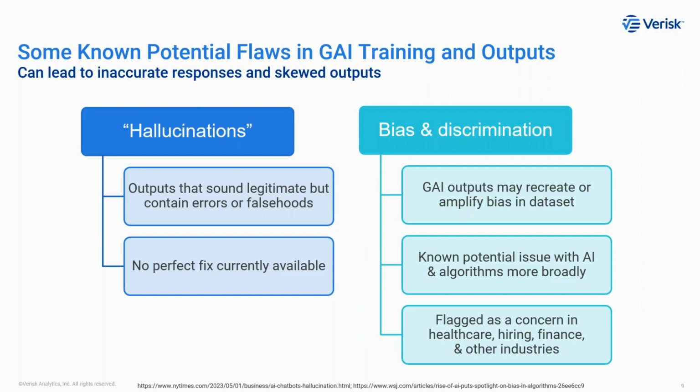So these potential flaws on this slide that affect the quality of GAI outputs could present many different types of liability risks depending on the use case. So next, I'm going to go over some of those potential use cases and the corresponding liability concerns. Just as an overall note, these potential use cases that I'm going to mention are all possible applications of GAI that are on the horizon in some way.